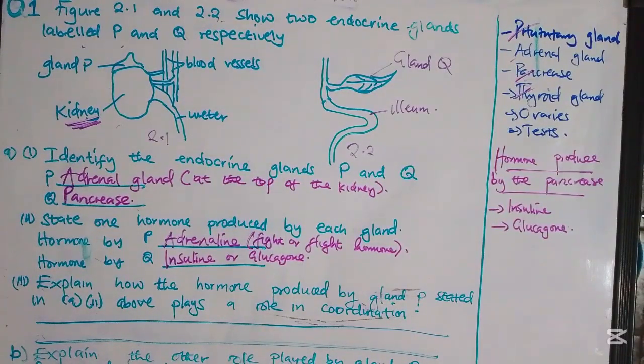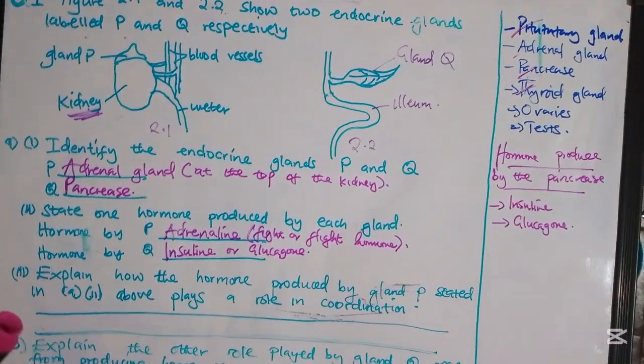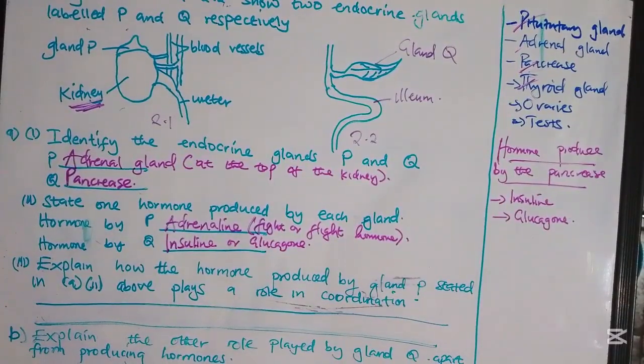It boosts the changing of glycogen to glucose. It basically increases the energy levels in your body. So whenever you hear the word adrenaline, you have to think about all the organs which are responsible for increasing energy in your body. What are those organs? We have the liver, which is responsible for converting glycogen to glucose.